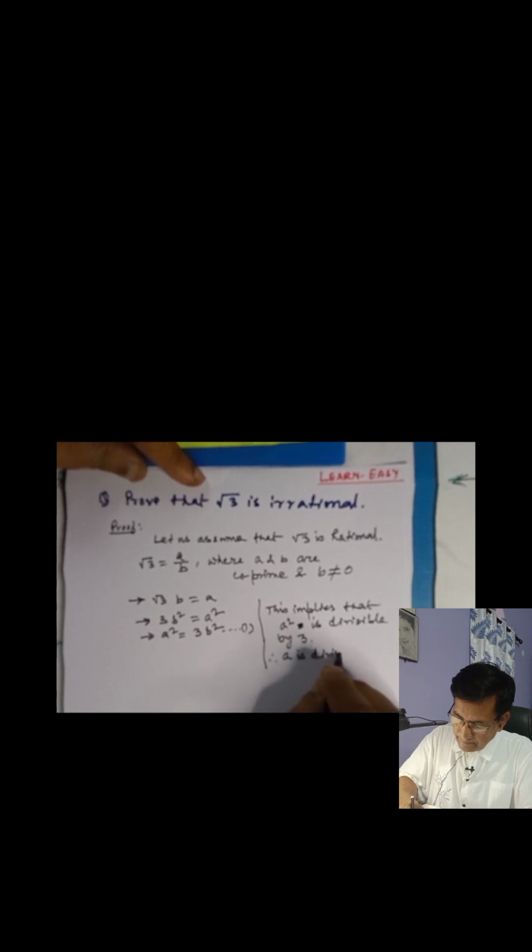When a square is divisible by 3, then a is also divisible by 3.